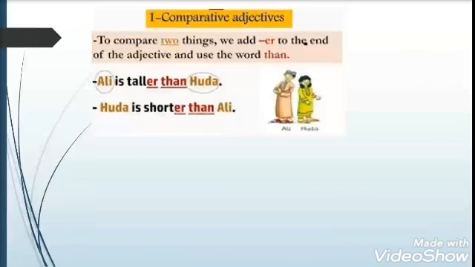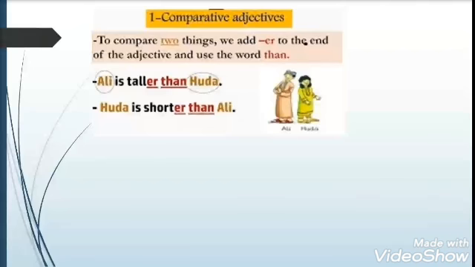So بضيف er للصفة and بعدين كلمة than. Taller than. Okay? Here Huda is shorter than Ali. أقصر منه. هو أطول منها وهي إيه؟ أقصر منه صح؟ I also added er and then the word than.